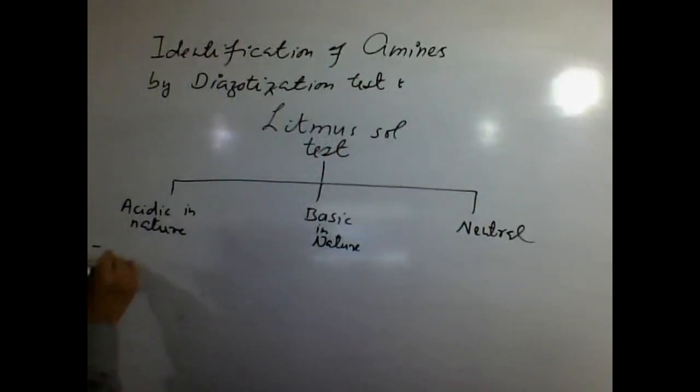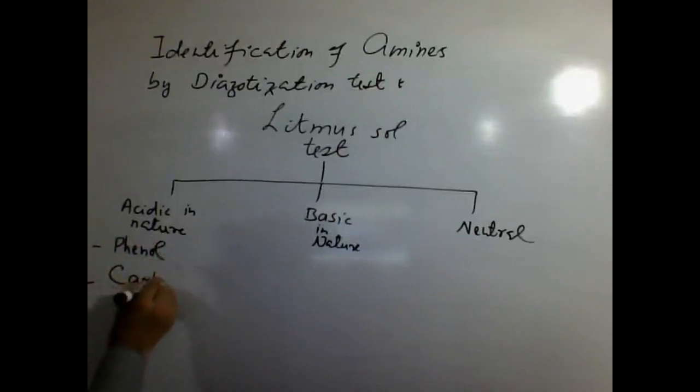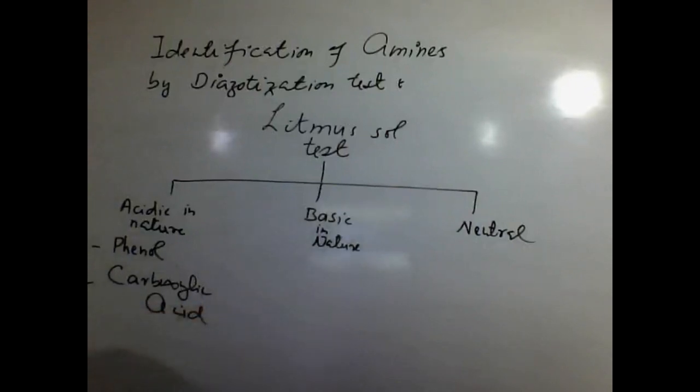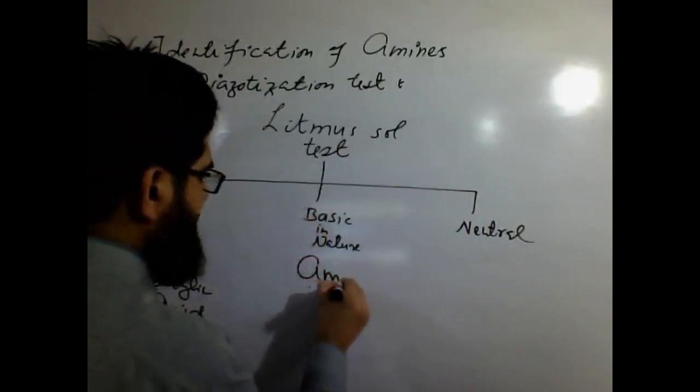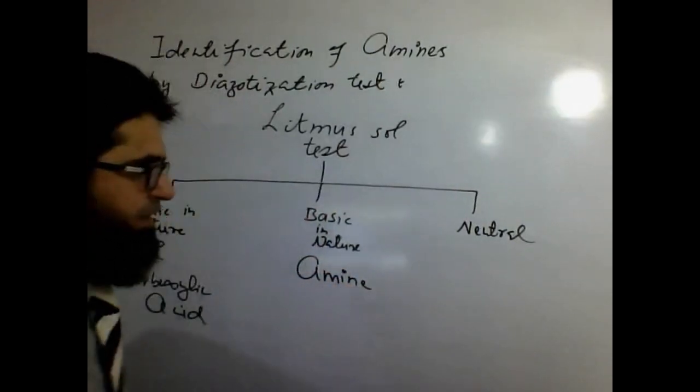In the acid category, we told you it could be either phenol or carboxylic acid. Two possibilities only at your level. Then in case of basics, we told you the given compound could be an amine.